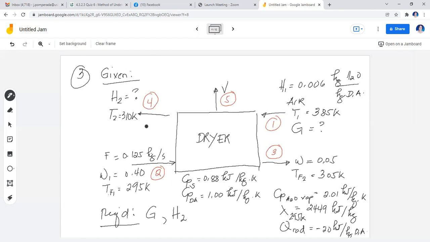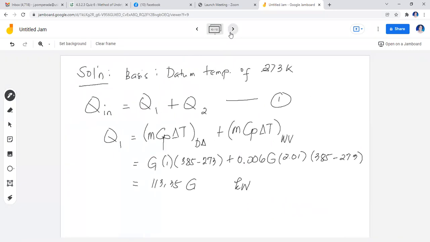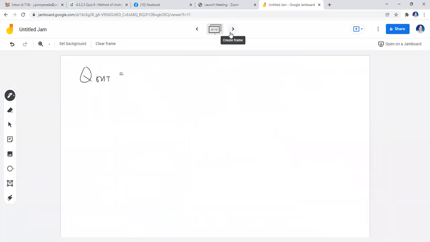You have 3, 4, 5. Okay, 3, 4, 5. So I'll place here 3, 4, 5. Equation 3. So I'll start with Q3.